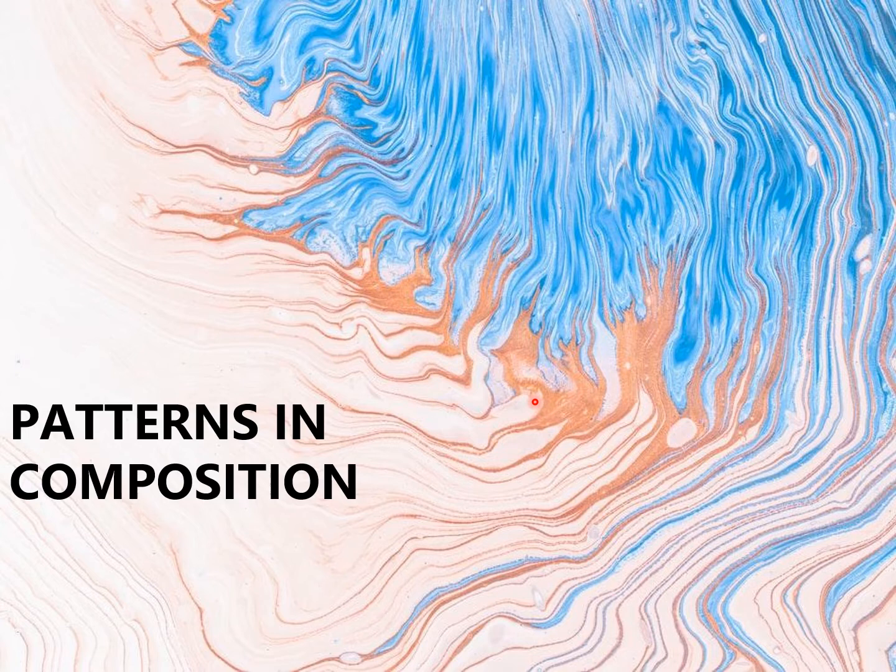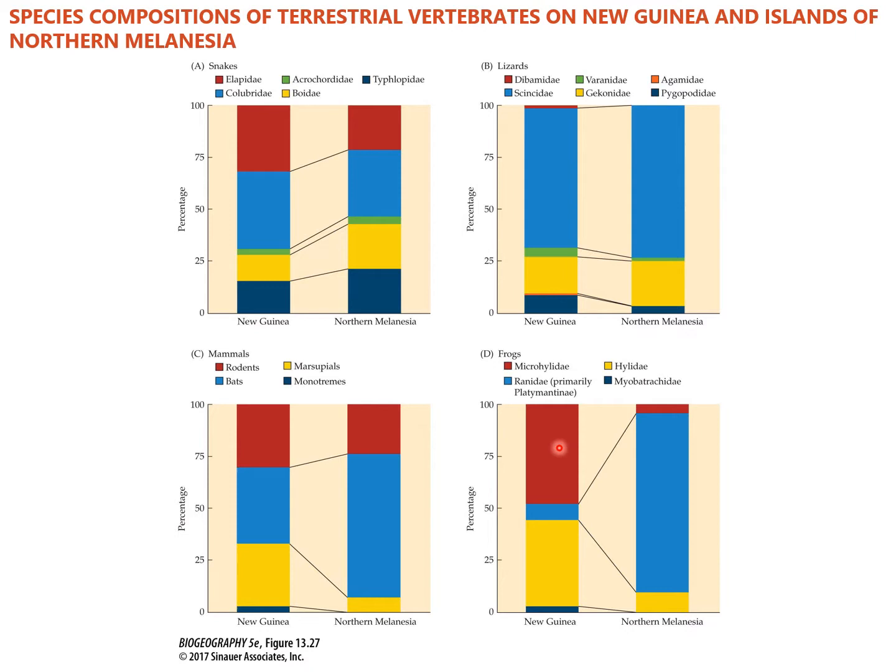But instead of just counting how many species there are, I want to look at patterns in what species are actually there. This is usually referred to as species composition. So let's look at some of those patterns.